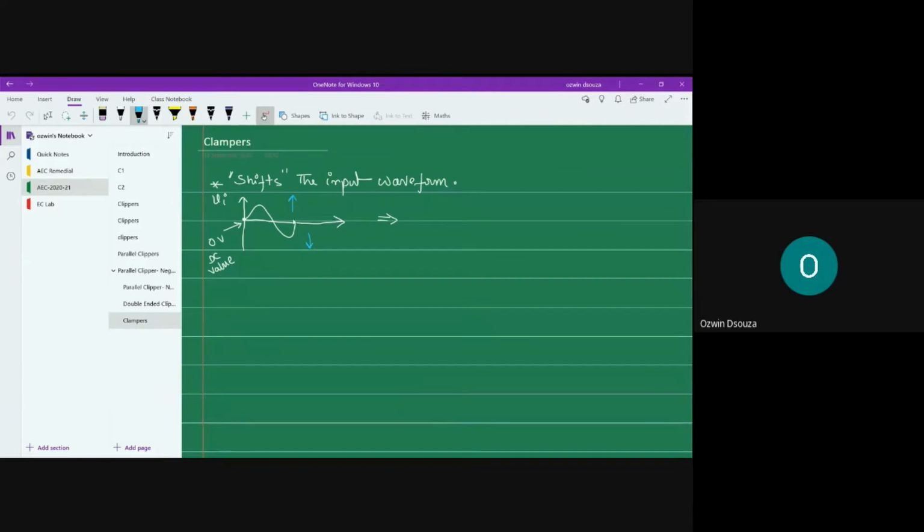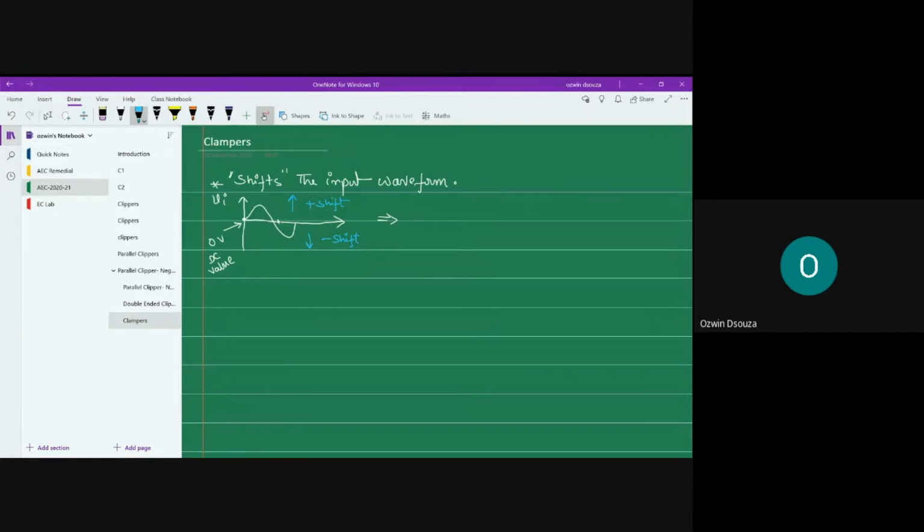Whenever you shift the waveform above the reference axis, it is considered a positive shift. On the other hand, if you push the waveform below the reference axis, it is considered a negative shift. Negative shift.